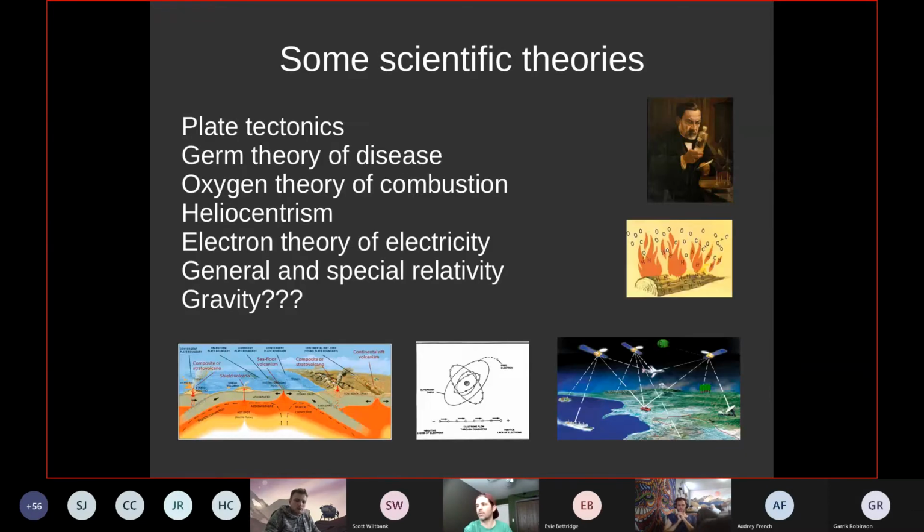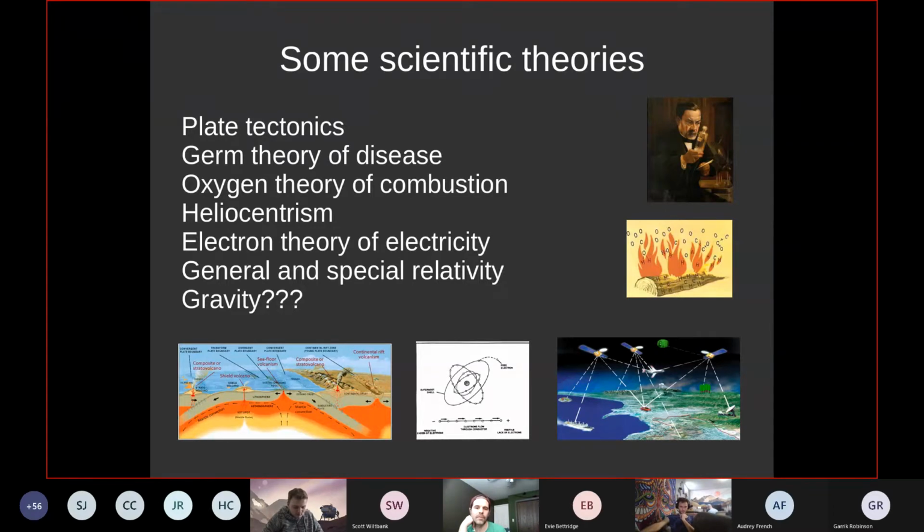We've got the theory of plate tectonics, the germ theory of disease, the oxygen theory of combustion, the theory of heliocentrism, the electron theory of electricity. These are all theories. We don't really have a good one for gravity yet, but physicists are working hard on that, making progress. Turns out that their experiments are really expensive and take a long time.